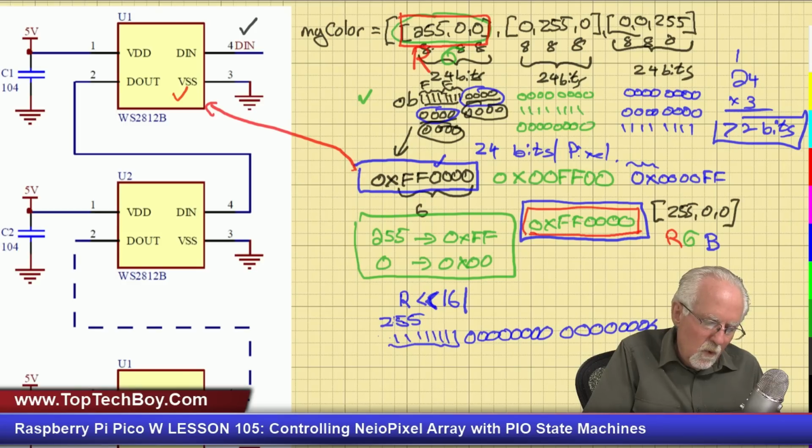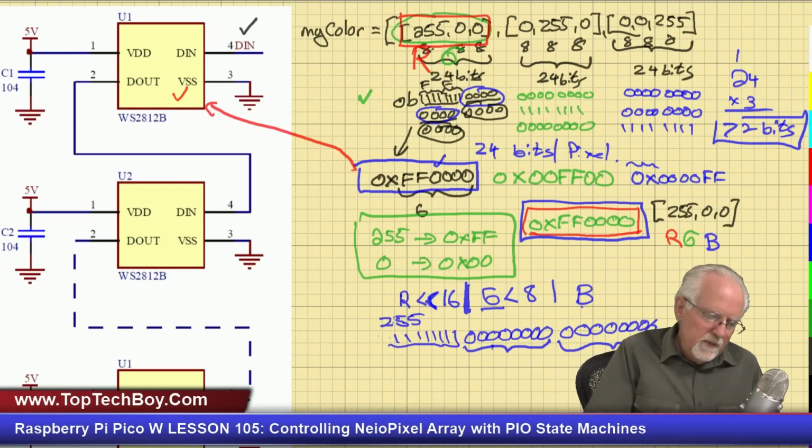I'm going to OR that with what? With green. And what is green? Green is 0, 0, 0, 0. And so I OR 0, 0, 0, 0. And remember, I shifted that to the left by 8. And then I've got blue that I don't do anything with. So if I shift green to the left by 8, it's going to go here, and blue just stays where it is.